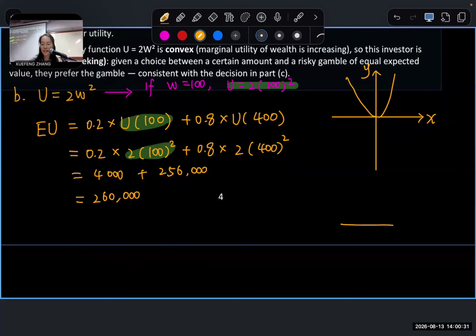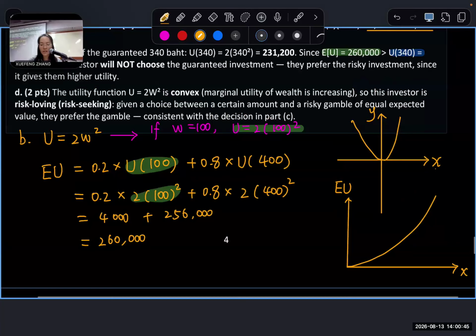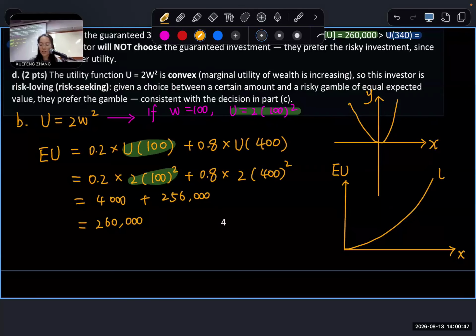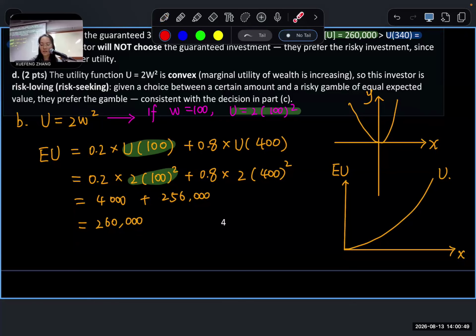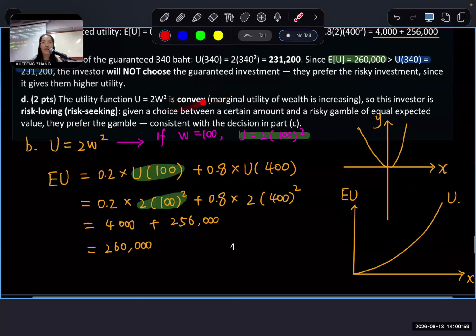So basically, this is his utility function. Tell me, is this convex or concave? Convex, right? Okay, convex.